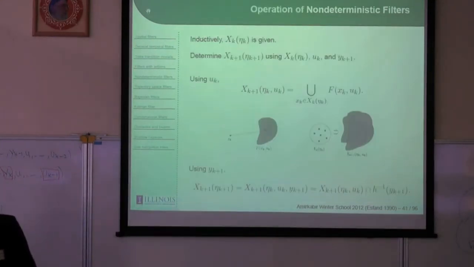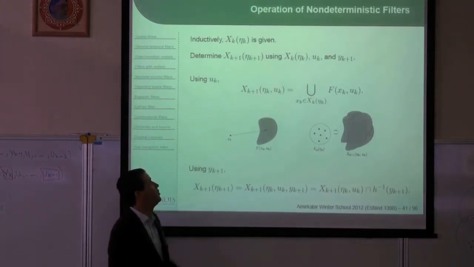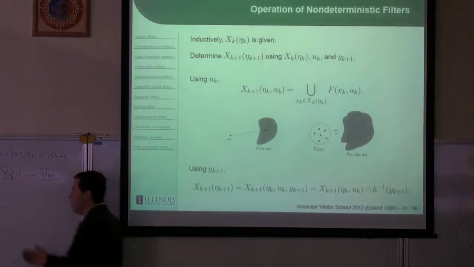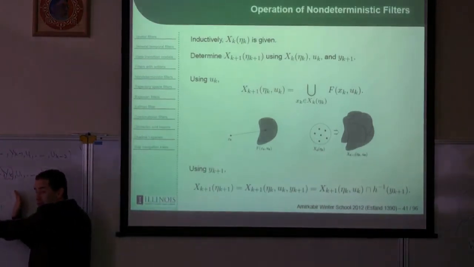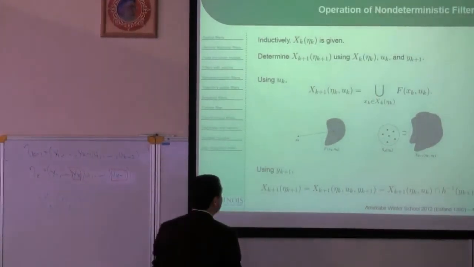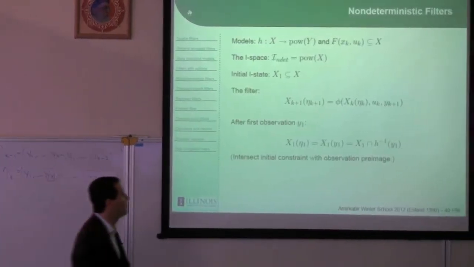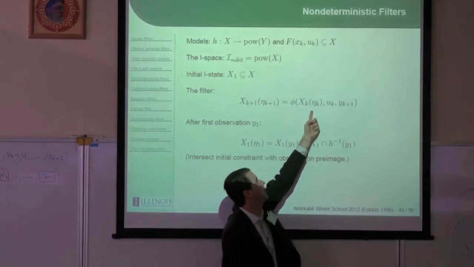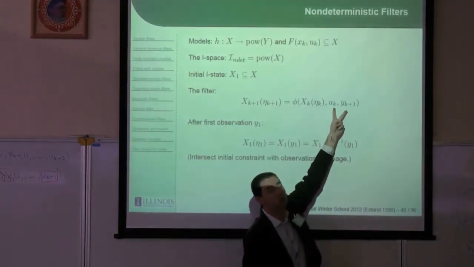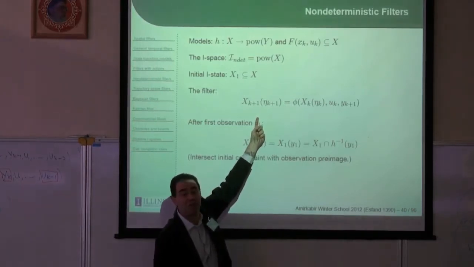So let's assume inductively that we've made a way to compute xk, eta k. In other words, we have a way where we've computed this. Right? How do we compute the next one? I want my filter, to go back and remind you, I'm going to drown in notation here a little bit, I want my filter to take this that I have already and take the new two pieces of information and give me the next set of places where I might be.